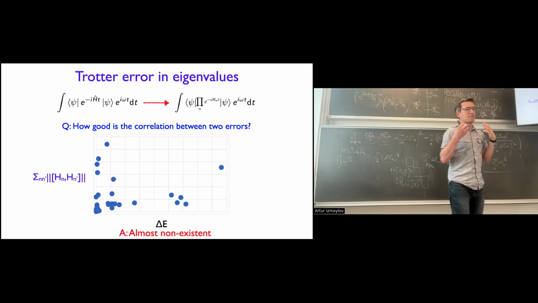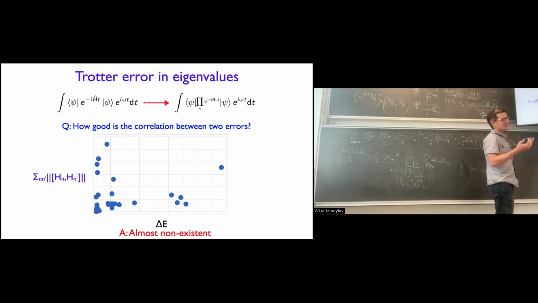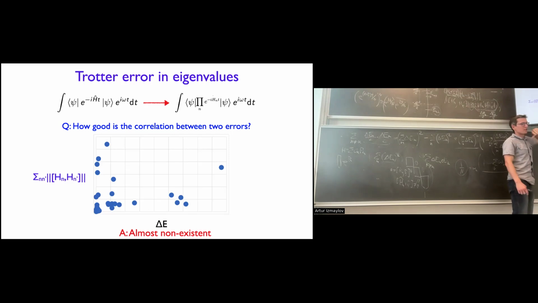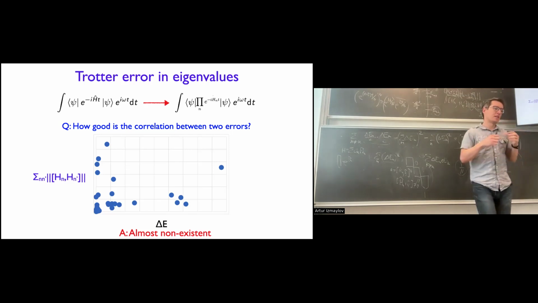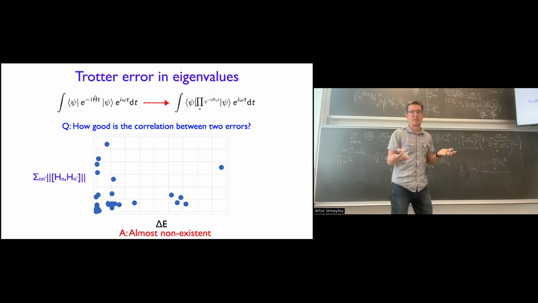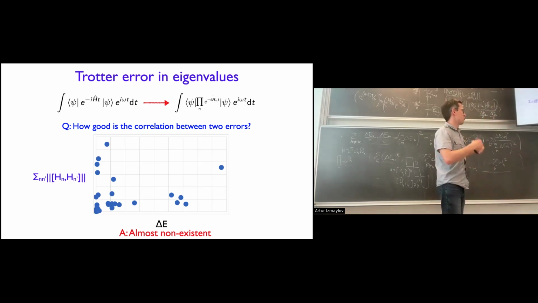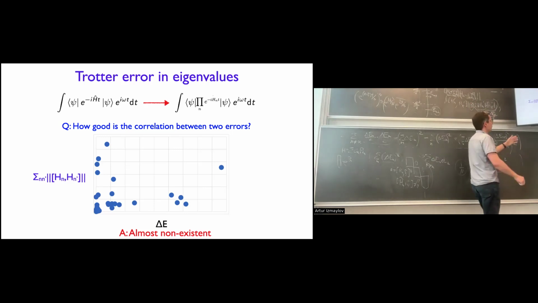So we are considering some unrealistic worst case scenario where the state that we are acting on with, let's say, two propagators, will be the eigenstate with the highest eigenvalue for all these commutators, but there's no such state because they don't share eigenstates, right? So estimating the sum of the norms is really not even a worst case scenario, but a worst case scenario that cannot ever happen, right? Because these commutators don't commute, and therefore they don't share eigenstates. There will be no state that has the largest eigenvalue for all of them.